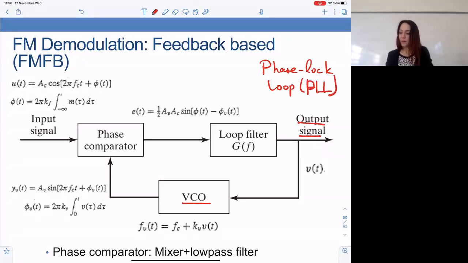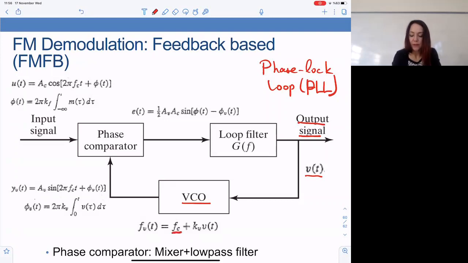The input to the VCO is v(t), and what the VCO does is, in the absence of any input, it produces a sinusoid at frequency fc.